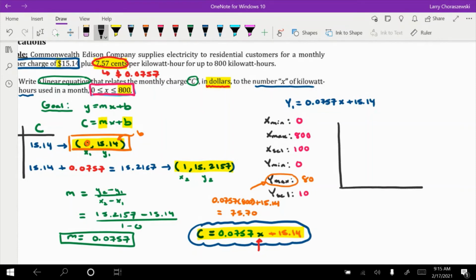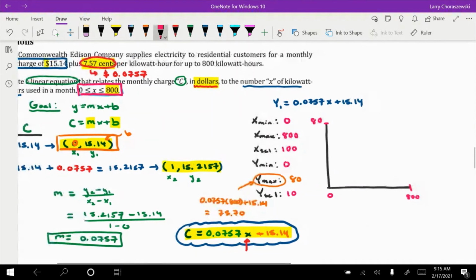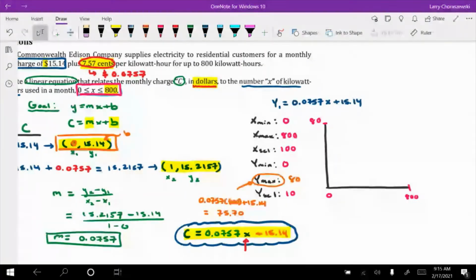I'll sketch all that out, and I'll indicate some of these window setting values as tick marks. So x max was 800, x min was 0, so was y min, and y max is 80. And I'd also like to indicate what each axis really represents. So the x-axis, I'll mark this as x, and in parentheses, I'm just going to indicate that the x values represent different kilowatt hour amounts.